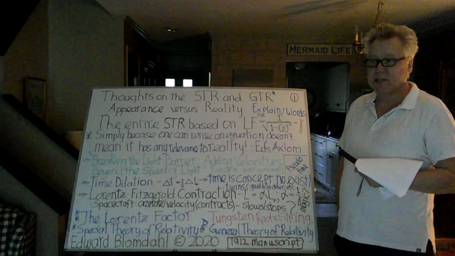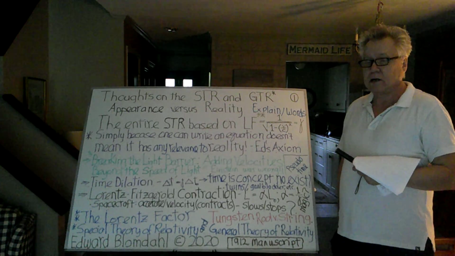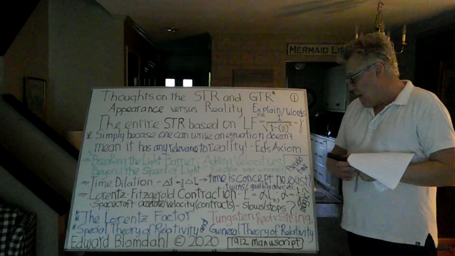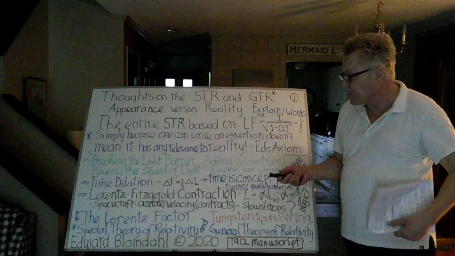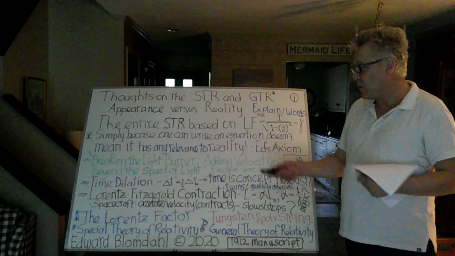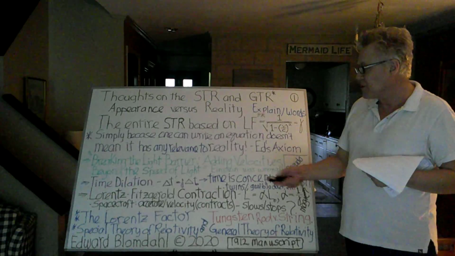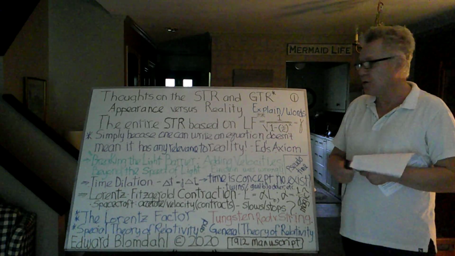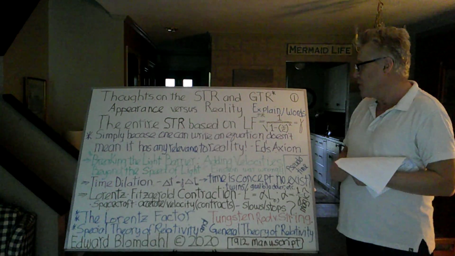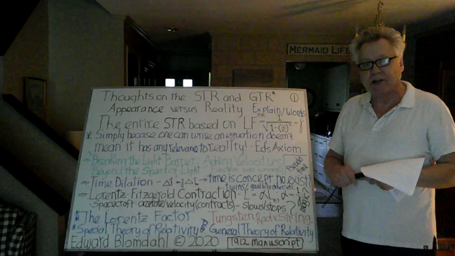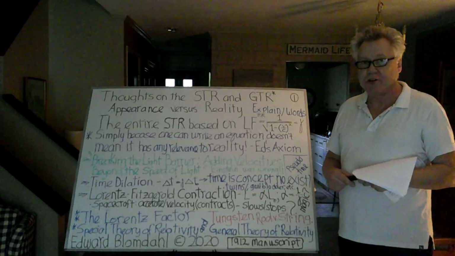It can't be the flat space-time of the special theory. All right. So time dilation is just an appearance, maybe, that somebody appears younger or something. It's not a reality. And you have to explain in words how the twins paradox actually works, and just writing an equation doesn't cover it.